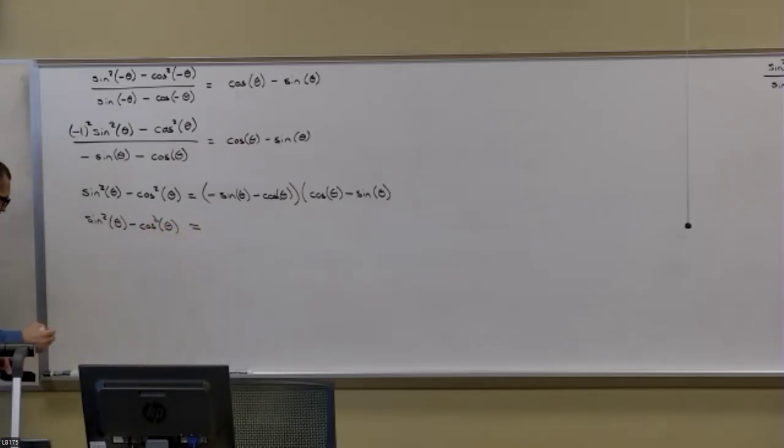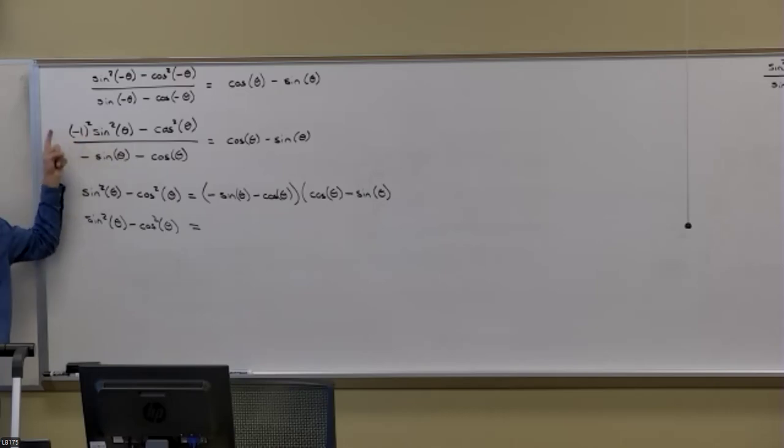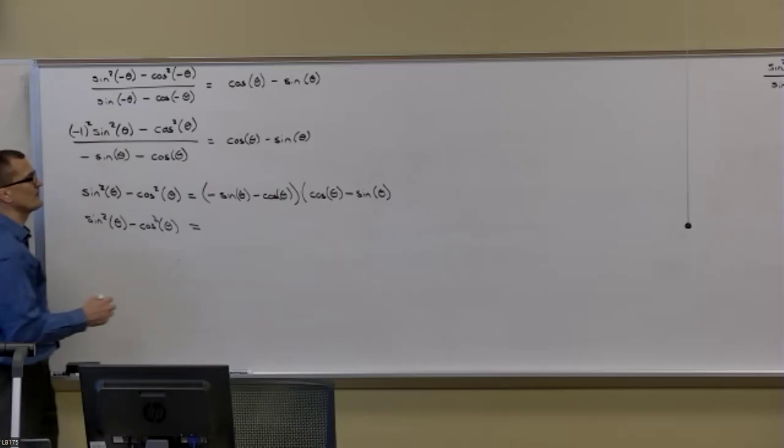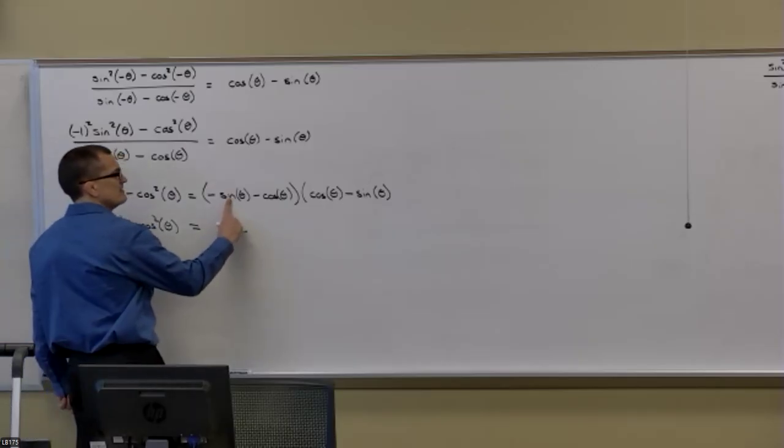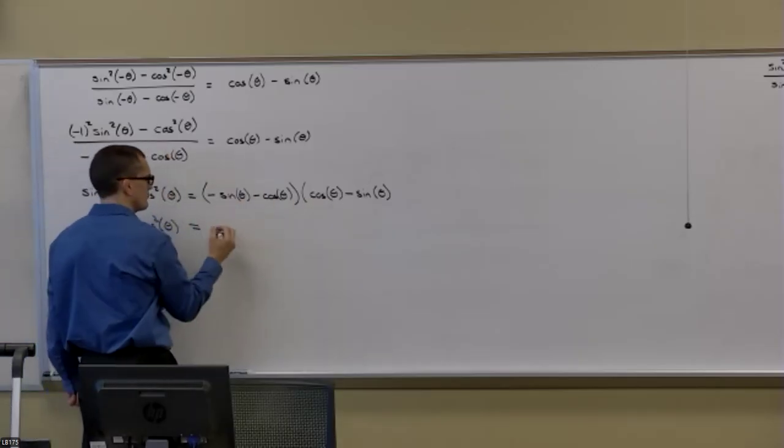That's the big thing. A lot of times when we have odd functions, people try to pull out a negative. They forget that it's an odd function squared. So when you pull out a negative, you've got to square the negative as well. All right. So multiply both sides by the denominator. What I'm going to get is negative sine times cosine.